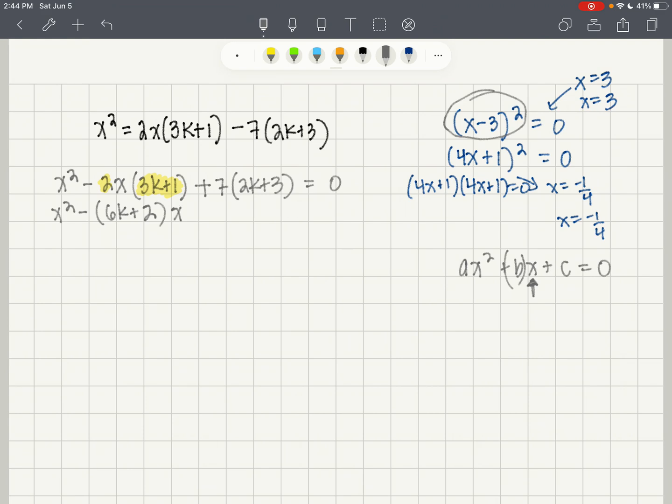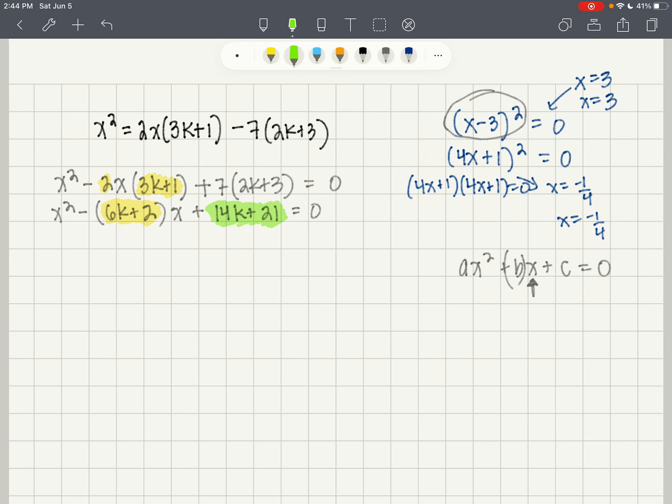And if I were to multiply this back out, just to show you, minus 6k, minus 2. And of course, the x is on the right-hand side, so that would all work out. I'm going to distribute this as well. And now I'm going to use some highlighter here. Here's my coefficient for the linear term x, and here's my constant term.